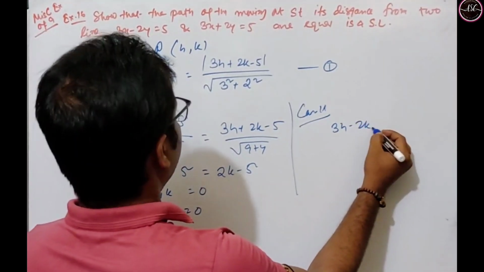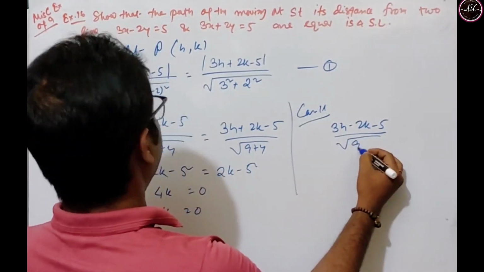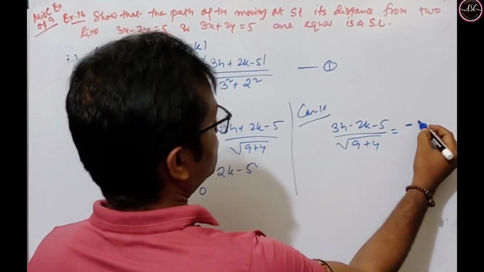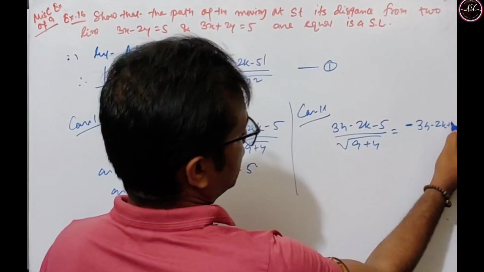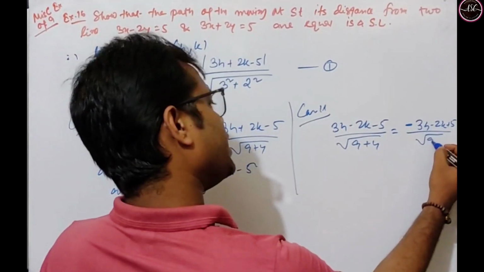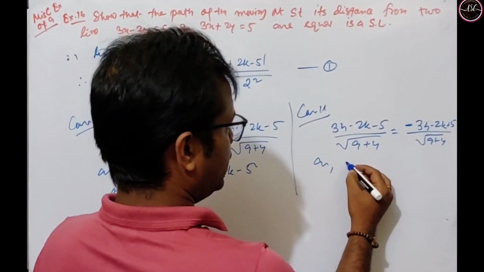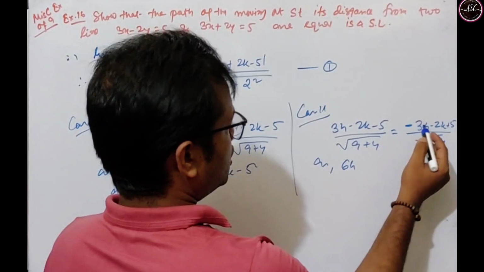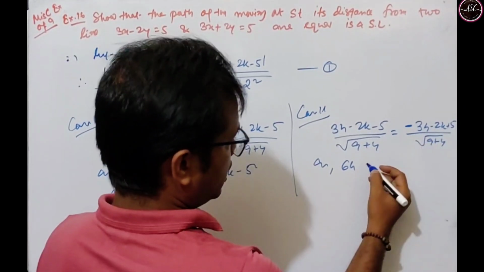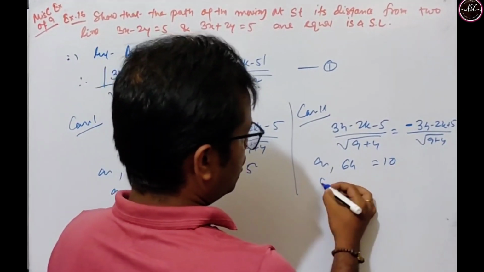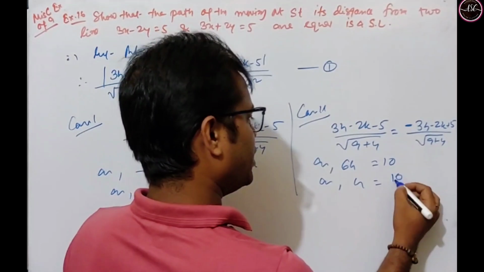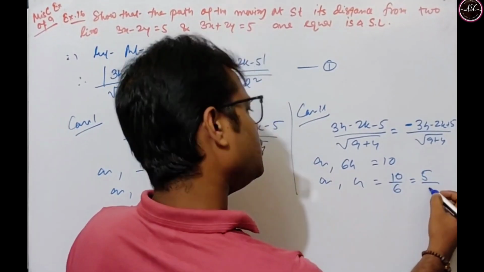3h minus 2k minus 5 divided by root 9 plus 4 equal to minus of 3h minus 2k plus 5 divided by root 9 plus 4, or from here we can write 6h, 2k will be cancelled out and here will be 10, or h equal to 10 by 6, that means 5 by 3.